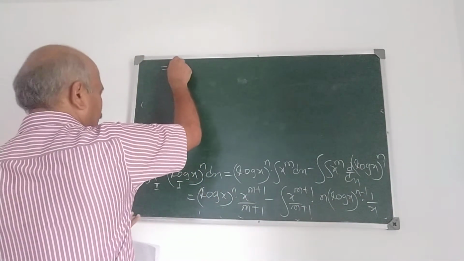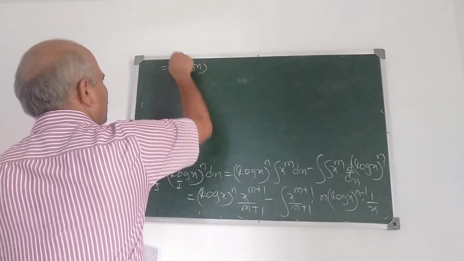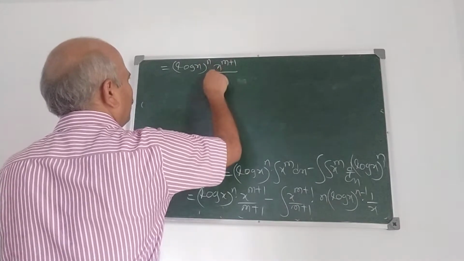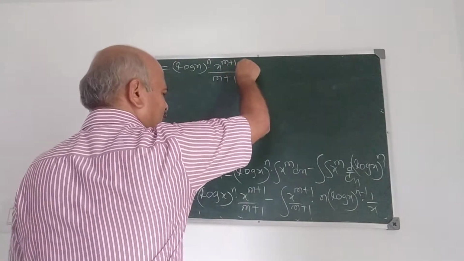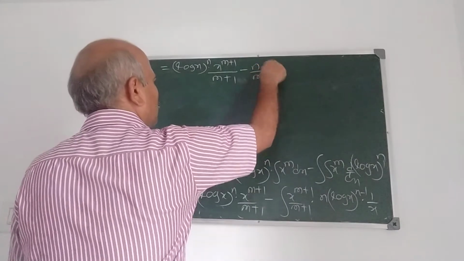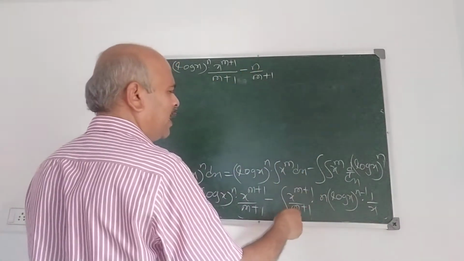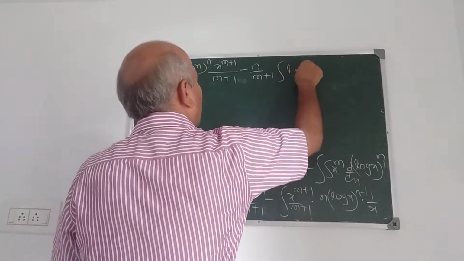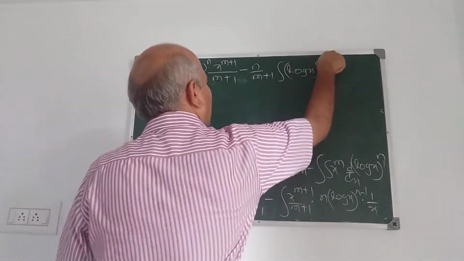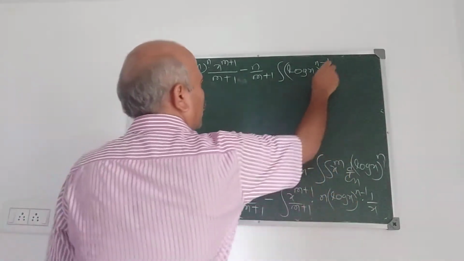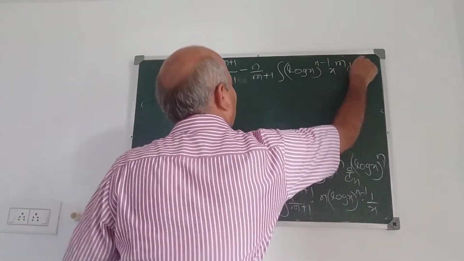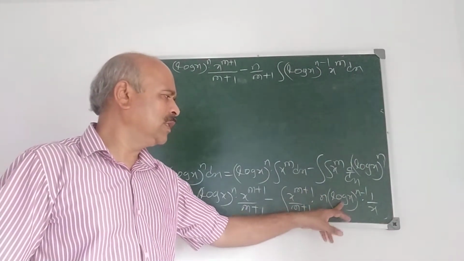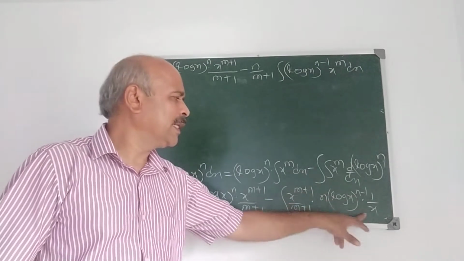Therefore, it is log of x raised to n, x raised to m plus 1 by m plus 1 minus n by m plus 1 integration log of x raised to n minus 1 into x raised to m. Log of x raised to n minus 1, x cancels x raised to m.